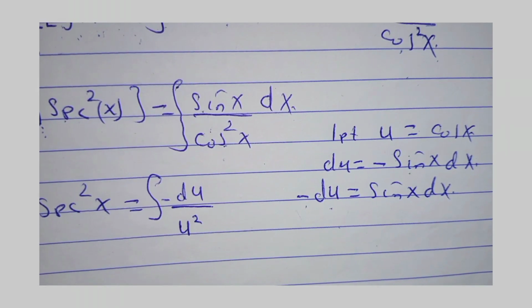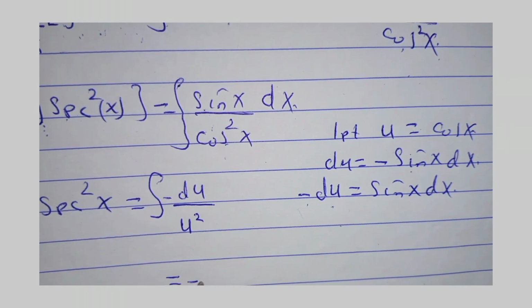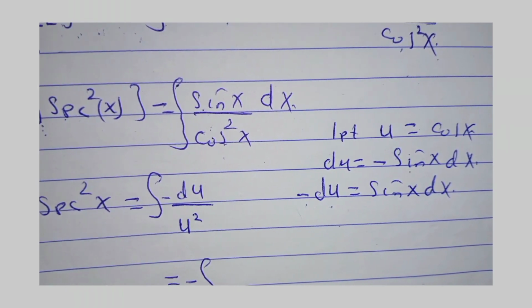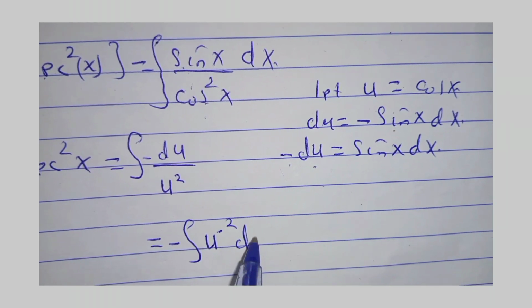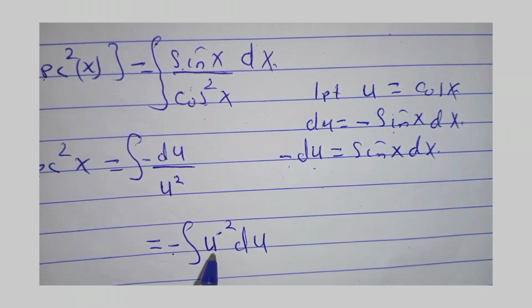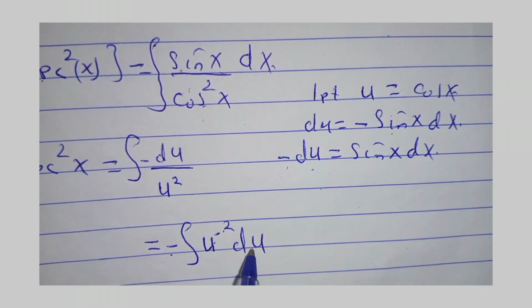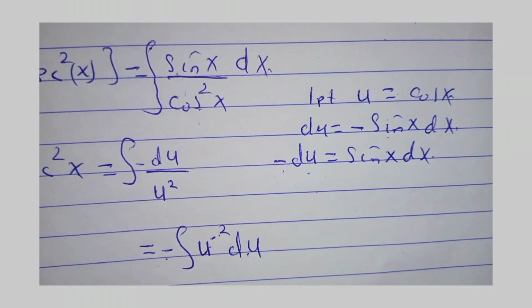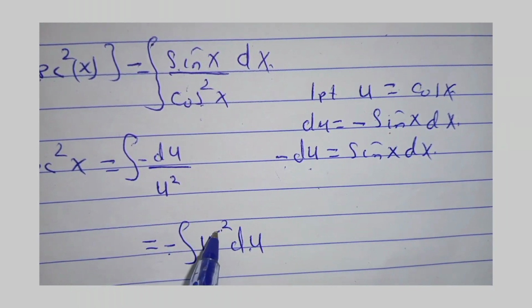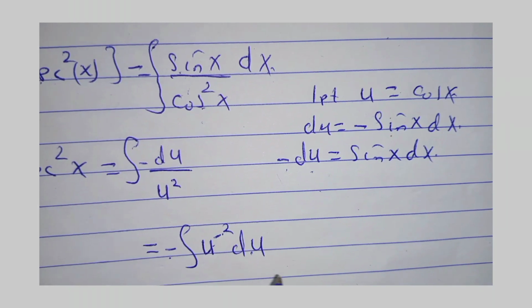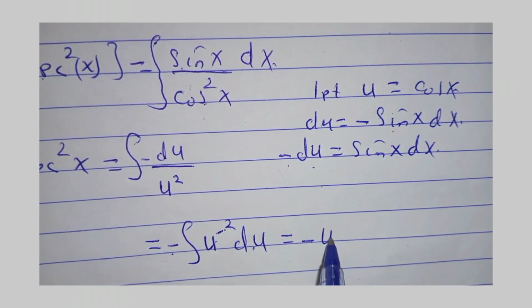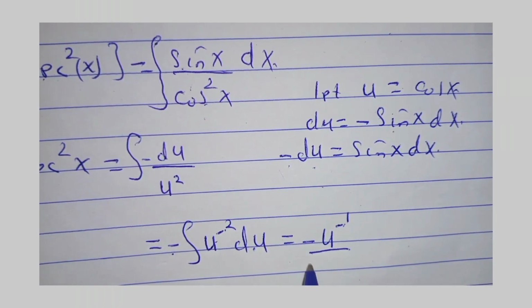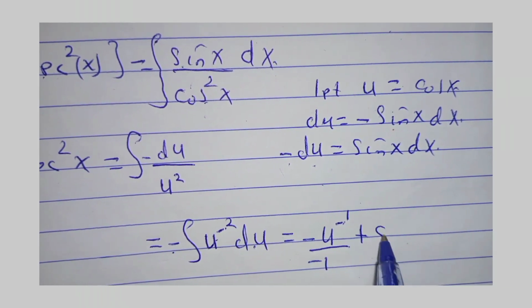That is what we obtain there, which is equal to, negative can be taken outside the integral sign, and we can also take the u squared du. So integral of u power negative 2 du can be integrated by power rule. So we add 1 to the index, so you have negative 2 plus 1, which will give you negative u power negative 1 divided by the index, which is negative 1, plus constant c.